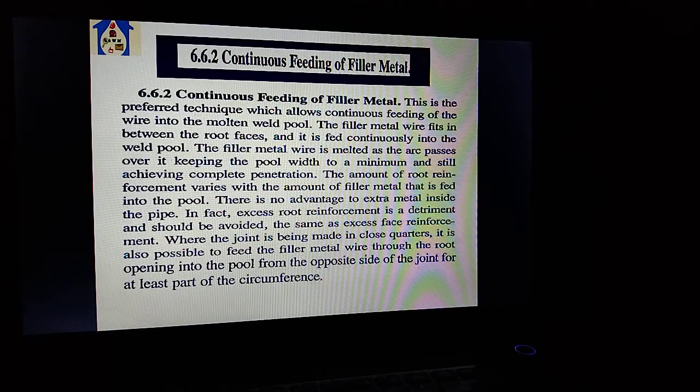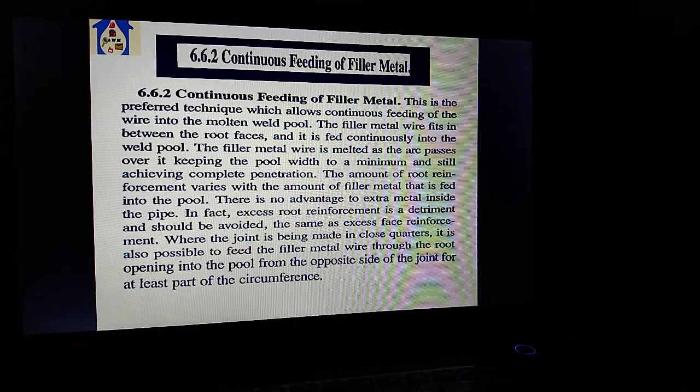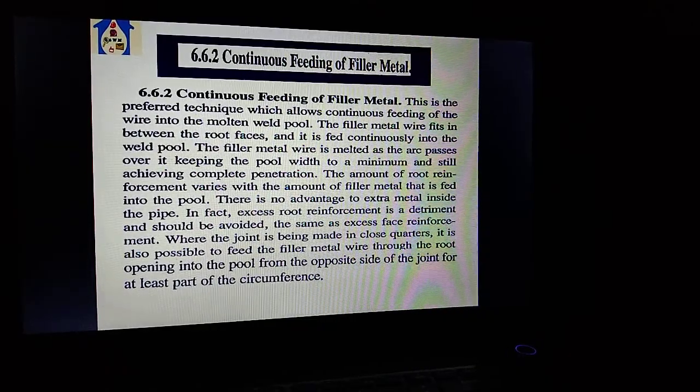The filler metal wire is placed between the pool and the root face, and it is fed continuously into the weld pool. The filler metal wire melting is processed so as to keep the pool to a minimum and still achieve complete fusion.